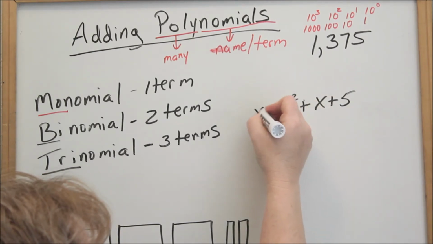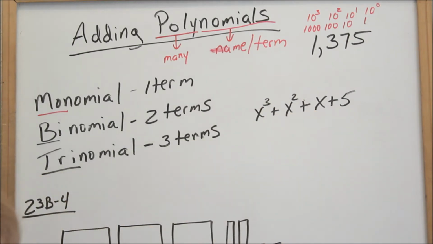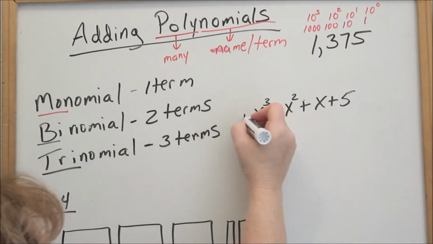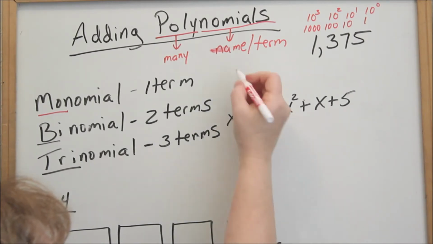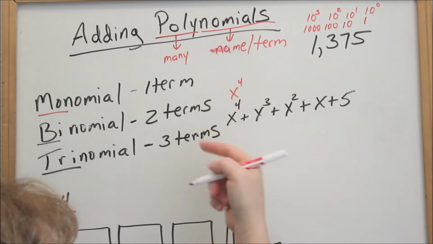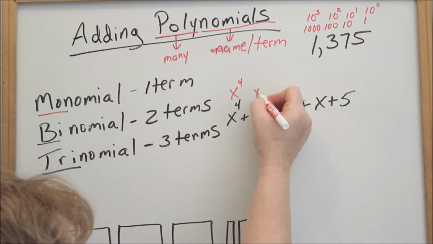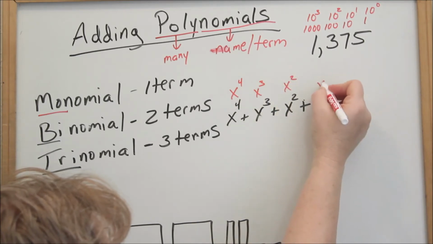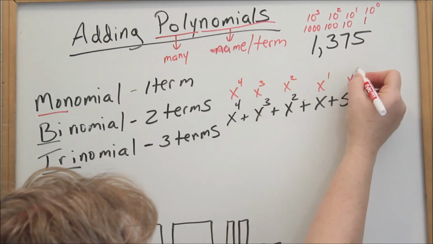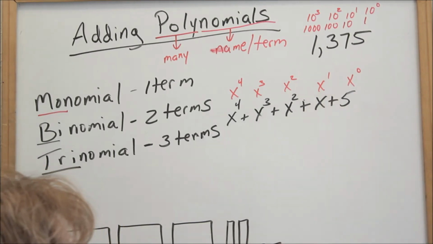Now we're going to have an x cubed term, and so forth. I can have an x to the 4th, I can have an x to the 5th, and so forth. So in other words, this is my x to the 4th place value, like 10 to the 4th. This is my x to the 3rd place value. This is my x squared place value. This is my x to the 1st place value. This is my x to the 0, which is still the ones.